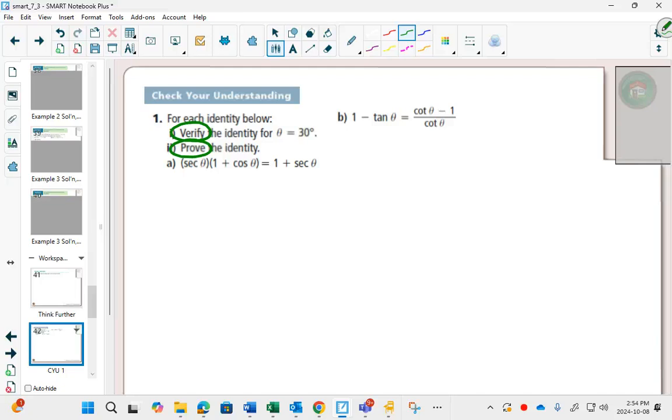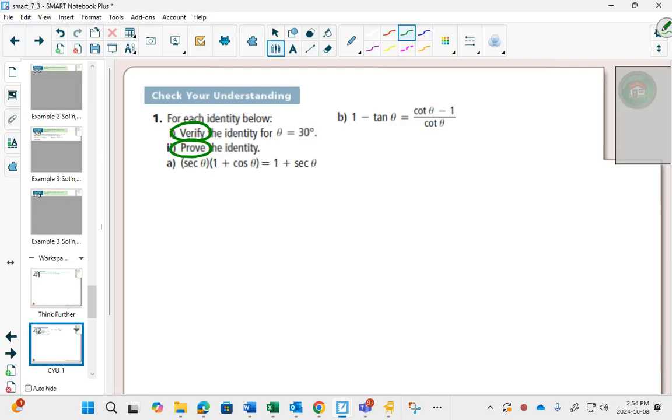And after all of that work, you will show that the identity is true for that one angle. Proving is much more powerful. Once you've completed a proof, you've shown that it works for every single angle. The proof means I no longer have to verify anything. I proved it. So you'll find I don't assign a lot of verifying, because it's much more powerful to prove something.